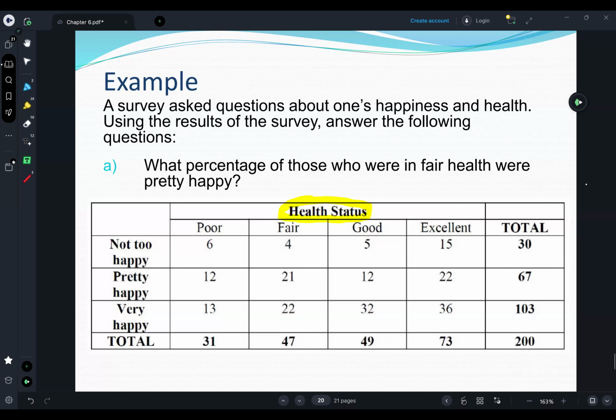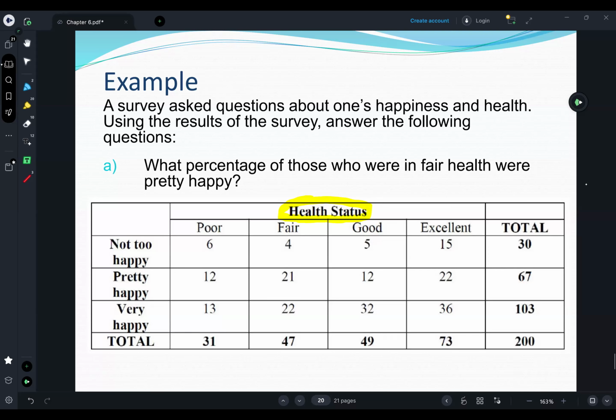In the fair, exactly. So that's exactly it. You might be going, do I use a row total or the column total? Because of the wording of the question, that's how you will get to that answer. What percentage of those who were fair? That's what we want in the denominator. Of those who were in fair health, we're pretty happy.